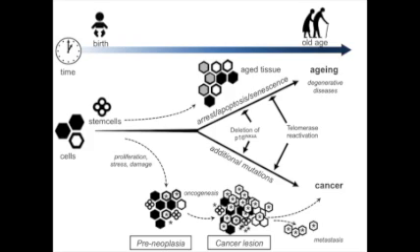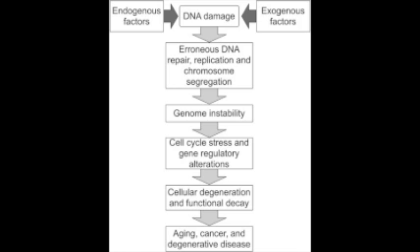In this video, we will be discussing 3 of the major characteristics shared by aging and cancer: genomic instability, telomere attrition, and epigenetic alterations. Genomic instability. Genomic instability is one of the most common marks that is seen in both cancer and aging.